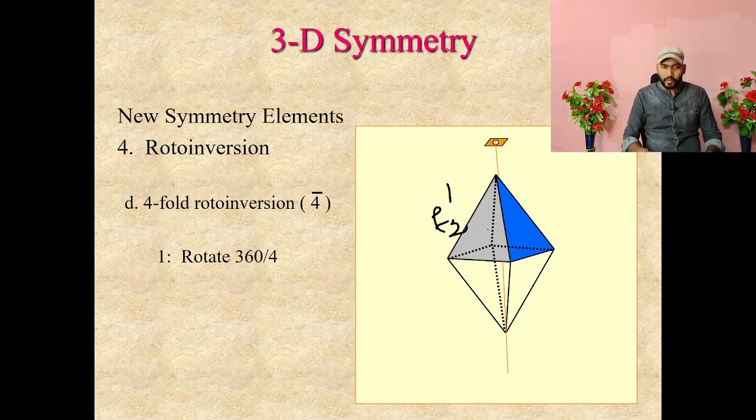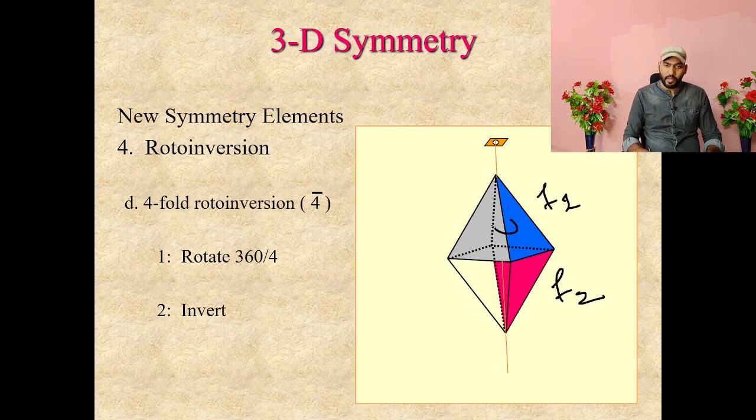This is now in the upper hemisphere. Now we have to take it to the lower hemisphere. That's what inversion is. So from here we invert it, and it will go to this place. This is our F2. This one is F1. We rotated and then inverted.